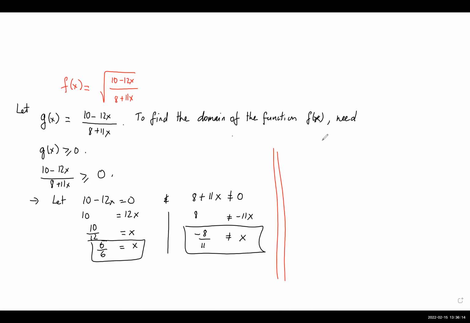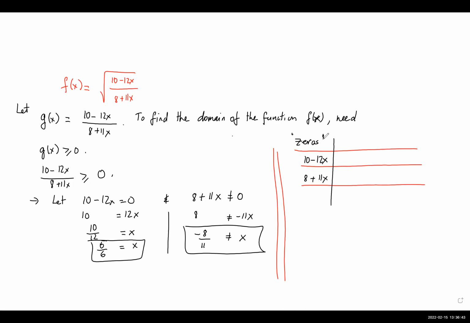We have 10 minus 12x here on the top, and on the bottom we have 8 plus 11x. And here are the zeros or the roots.